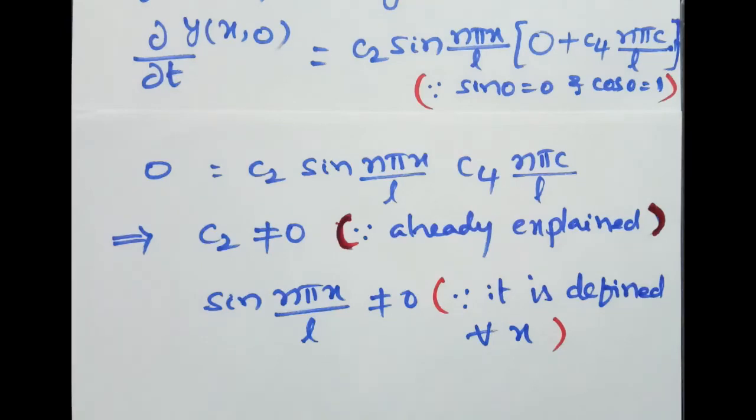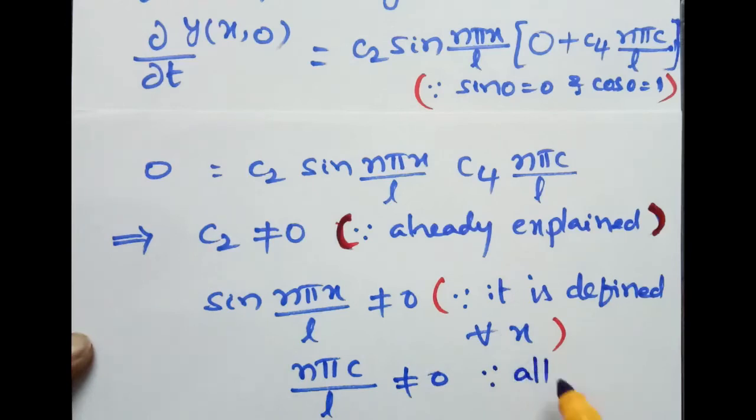And n pi c by L is also not equal to 0 since all are constants.